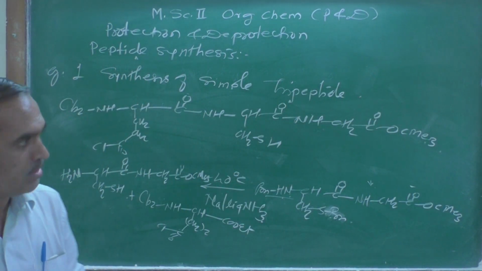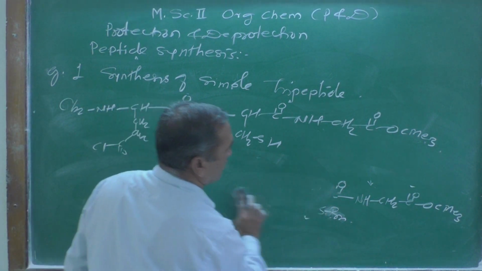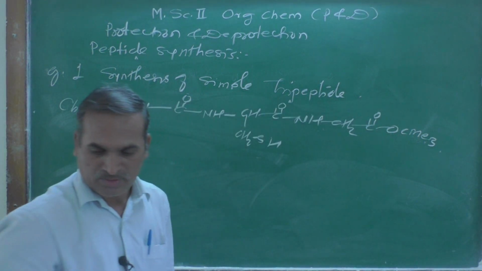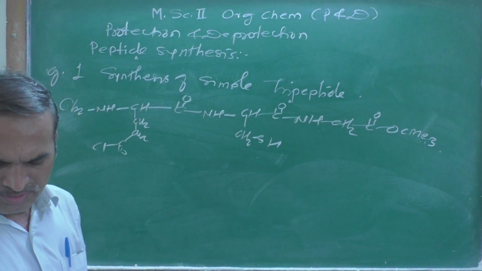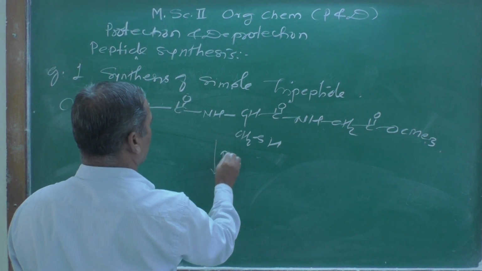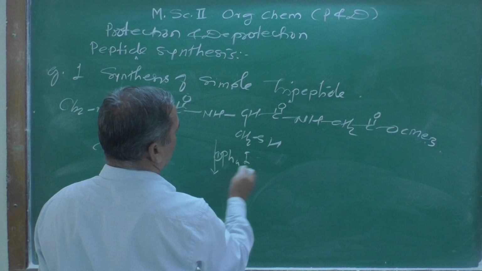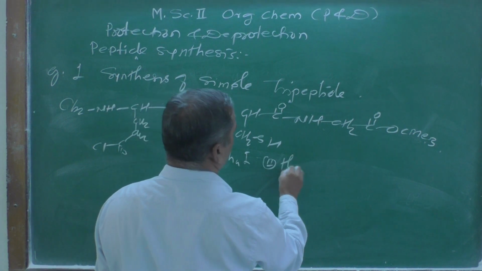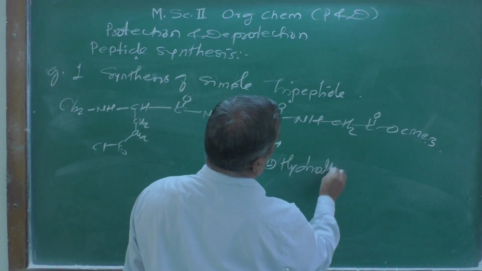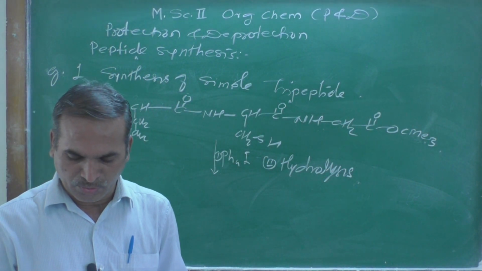This type of the product you are going to get over there, and after that finally, first one is treated with PH4I, and second will be the hydrolysis, and after doing this, what do you get?